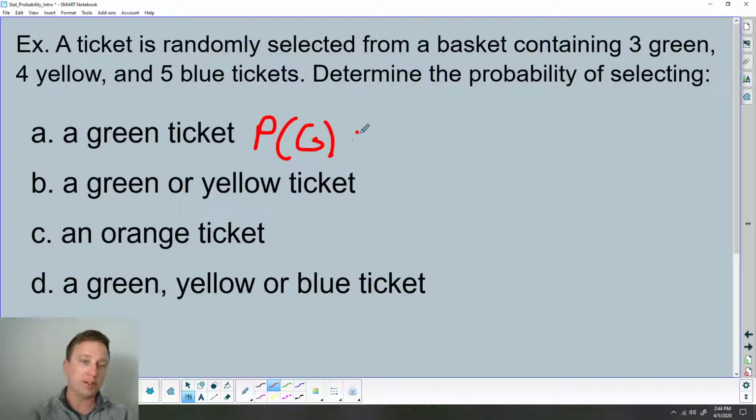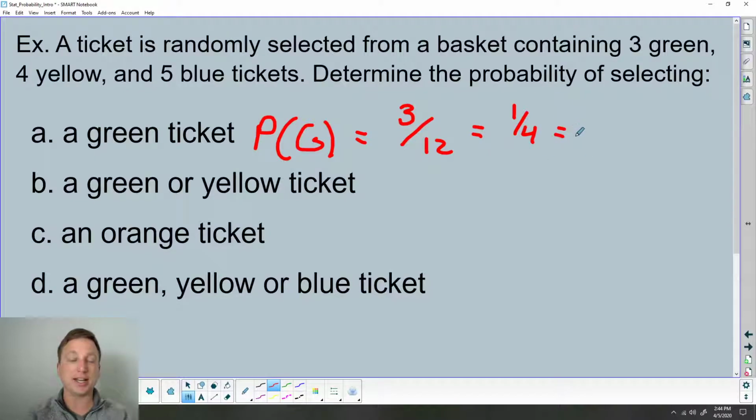The probability of green happening is how many of them are green over how many outcomes are possible, and that's 12. So here 3/12, we can fully reduce this to 1/4, or we can say this as a decimal, 0.25. Any of these notations are okay. I'd prefer one of these two in the end, one of the simplified ones.